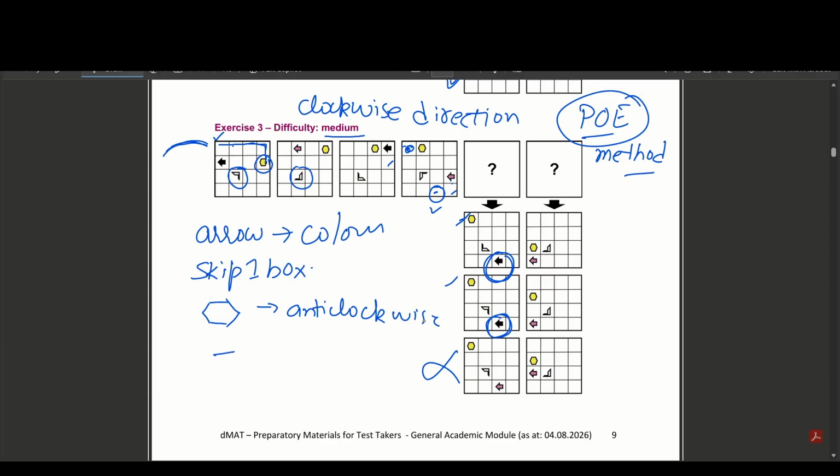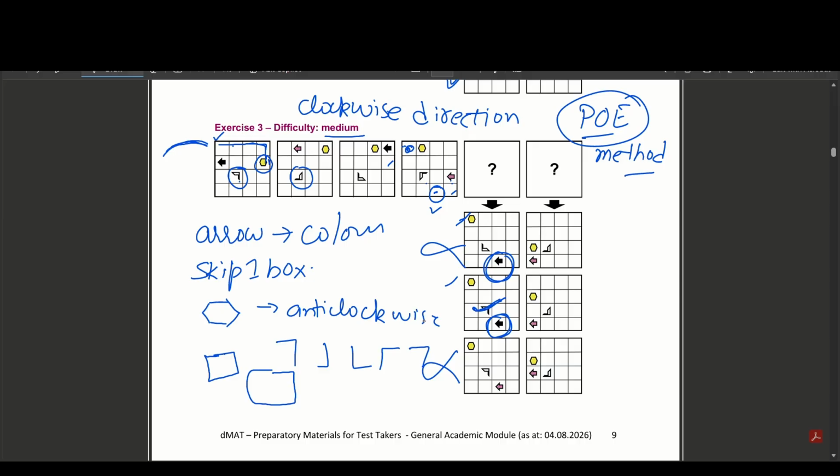It is moving 90 degrees in the same box, like 90 degrees it is moving. The next figure would be like this. You can just create it like a wheel. So this is correct. This is correct. So this is eliminated.